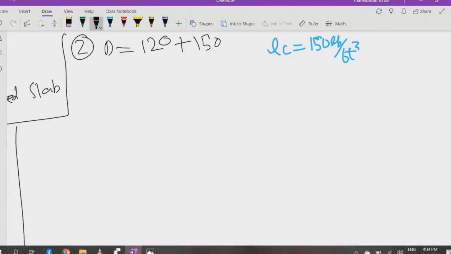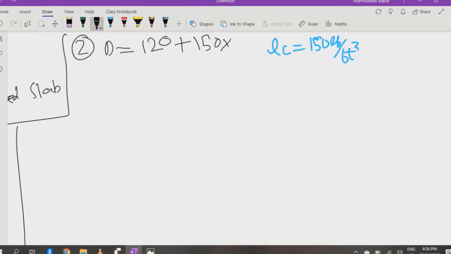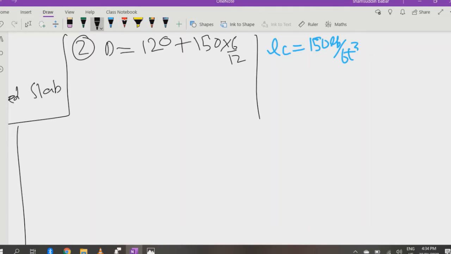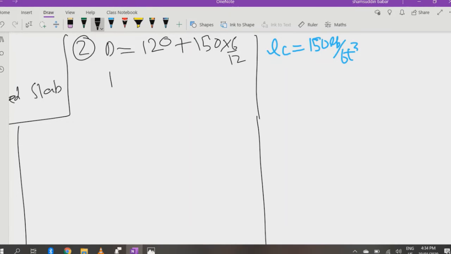Now 150 into the depth of 6 inches, 6 by 12, so the self weight I got from this is equal to 75 psf.